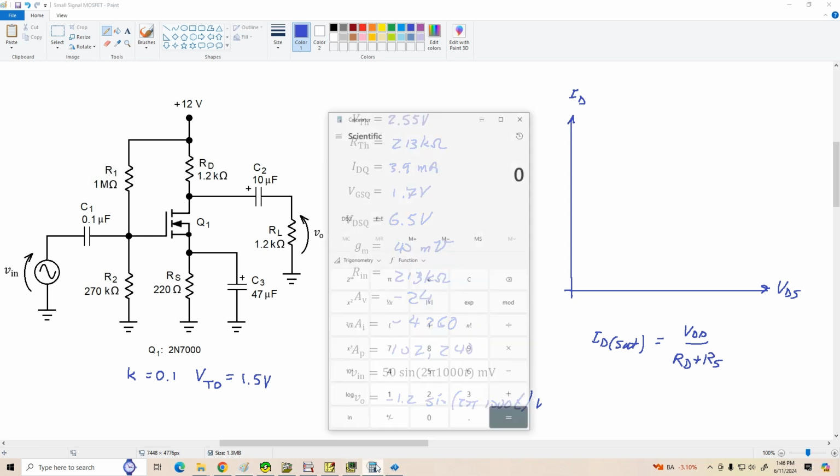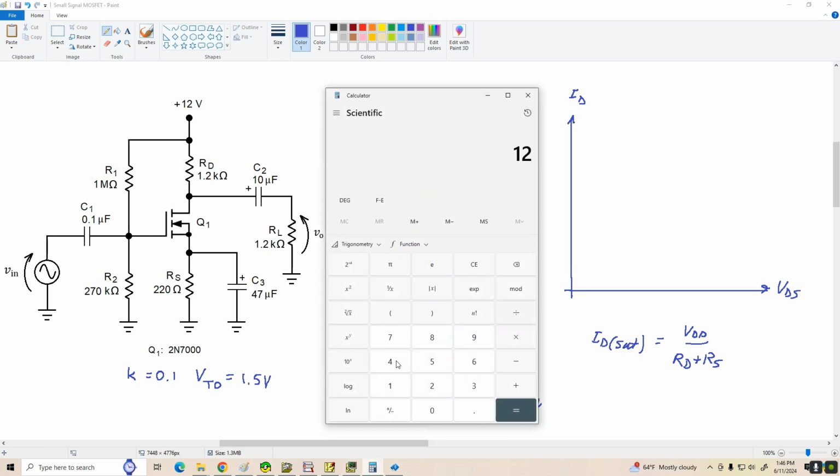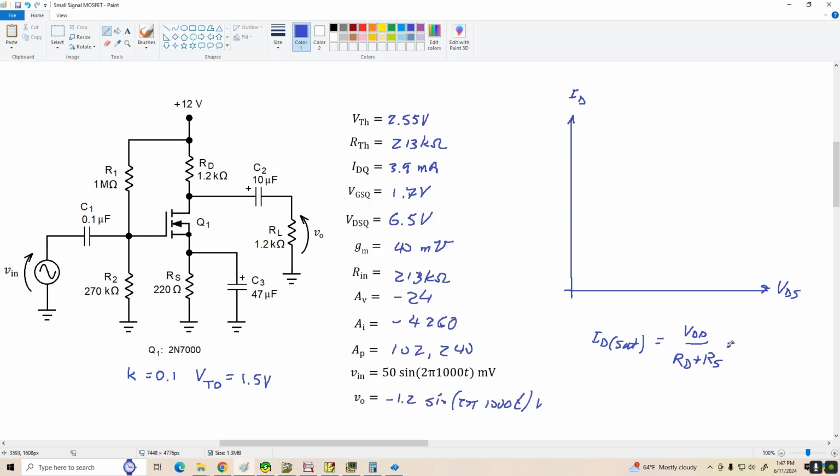But let's see what we get here. VDD is 12 volts divided by, let's see, 1200 plus 220 is about 8.5 milliamps. Okay, so we're going to get an ID sat of 8.5 milliamps, and of course, VDS in cutoff would equal VDD, which is 12 volts. Okay, so there are the limits for our DC load line.